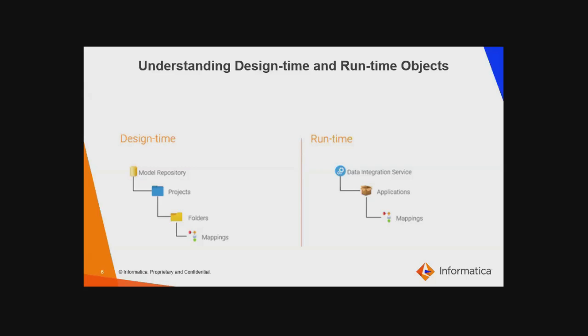There is no project concept in the runtime applications section. When you access a design time object in the developer tool, you access the object through the model repository. In contrast, when you are working with a runtime application, you are only interacting with the DIS.